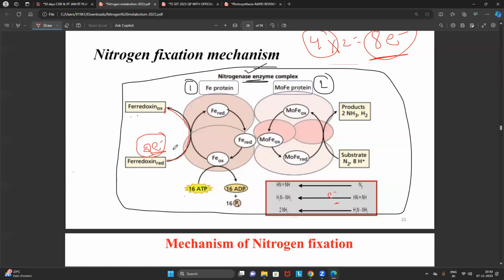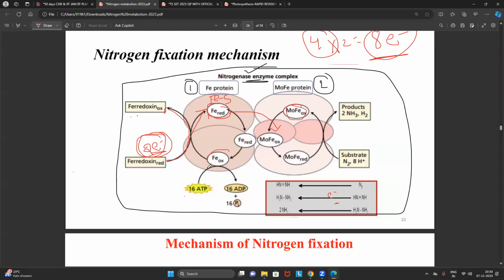Now you tell me, who is going to accept this 1 pair of electrons? The iron sulfur protein is there, right? That is the one accepting that 1 pair of electrons. Now that iron sulfur protein is getting reduced. Now tell me, do you really think it will keep the electron with it? No, it has to send it to the molybdenum iron.